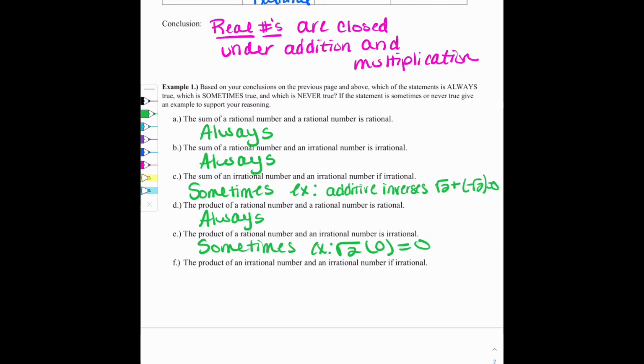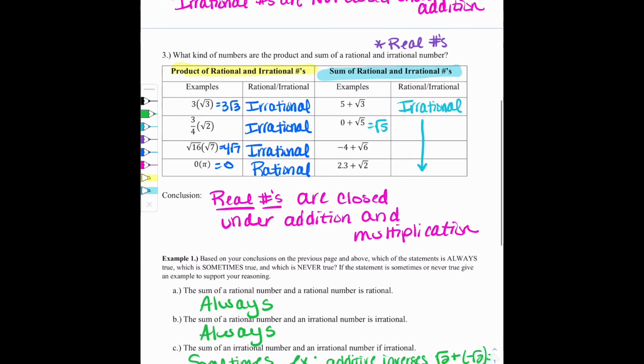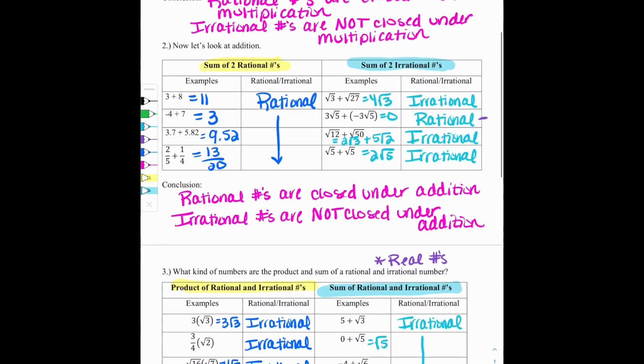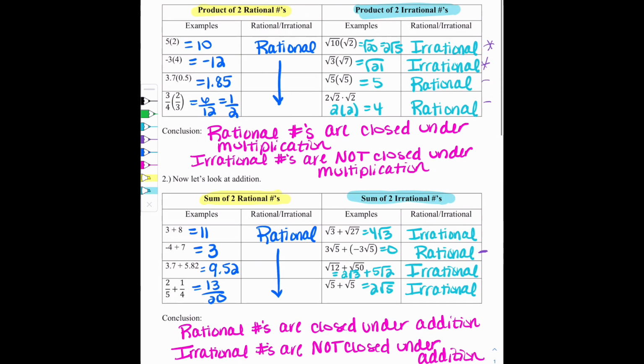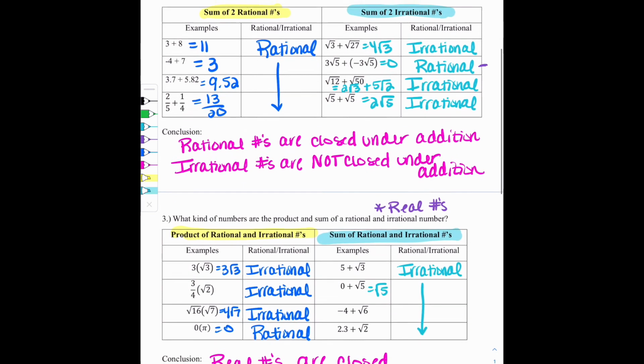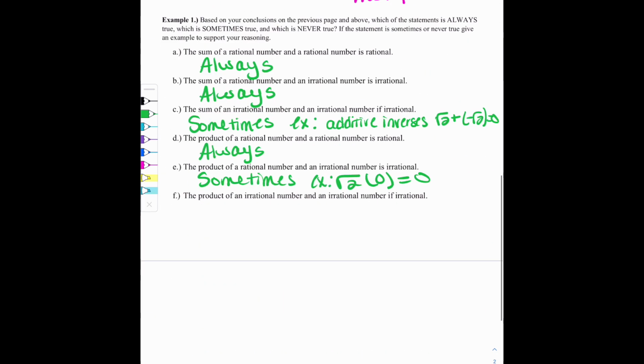And then lastly, the product of an irrational number and an irrational number is irrational. So that's irrational times irrational. If we go back and look, that's this table in number 1 on the right, and we see there were exceptions to that. So again, the answer to this one is sometimes.